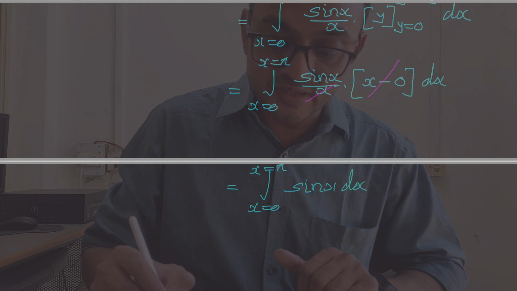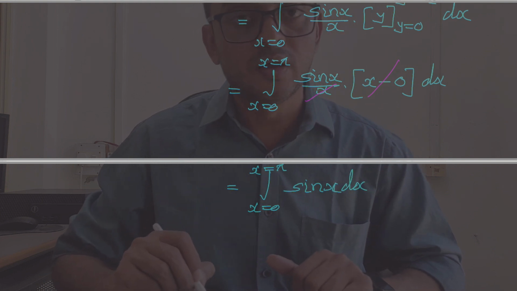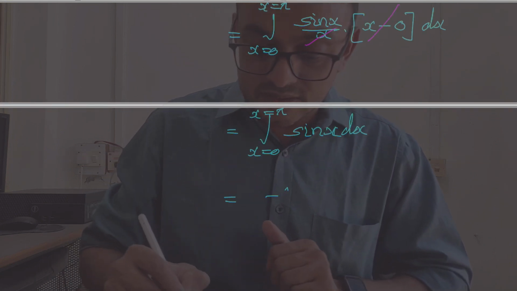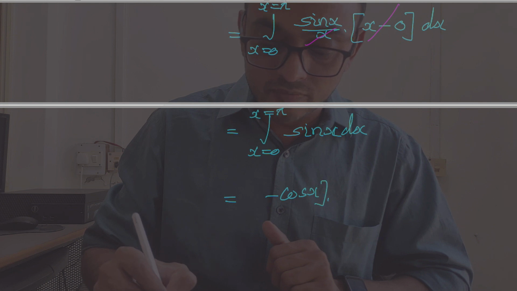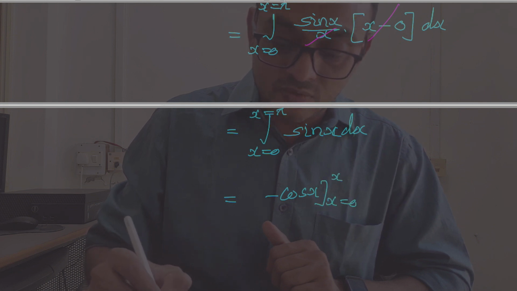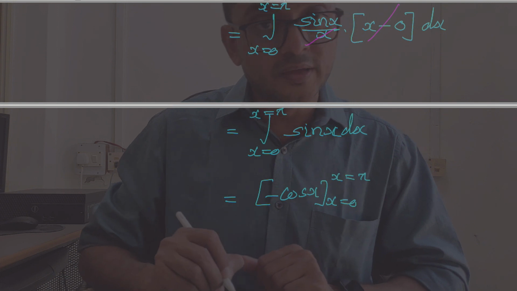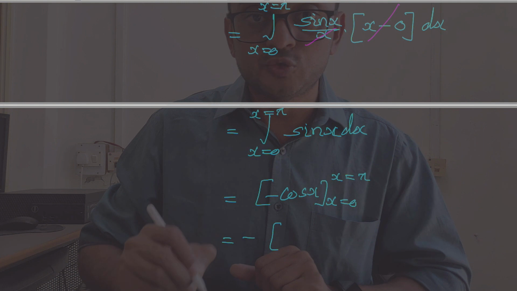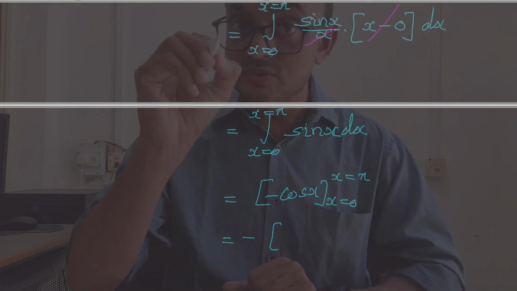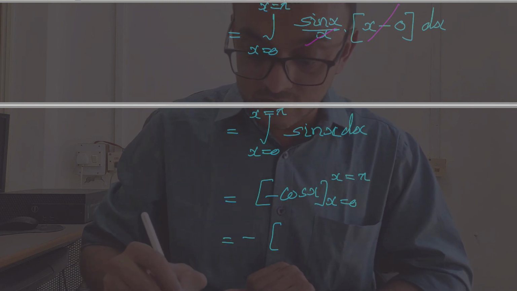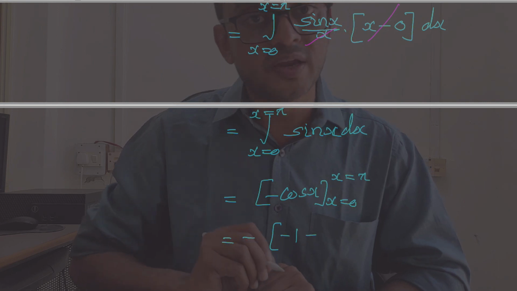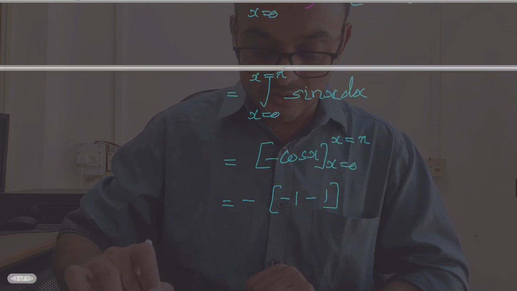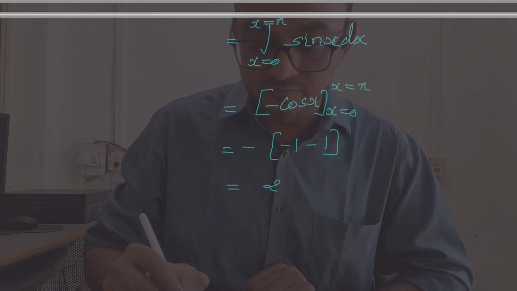This is very easy integration now. What is the integration of sin x? This is minus cos x from x equal to 0 to x equal to pi. This minus sign is common. Cos pi is minus 1, cos 0 is 1. You know cos pi is minus 1, minus sign for lower limit, cos 0 is 1. And so this is equal to 2.